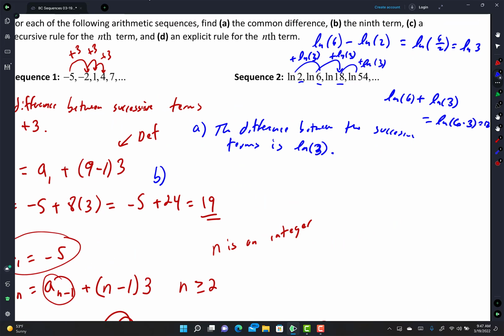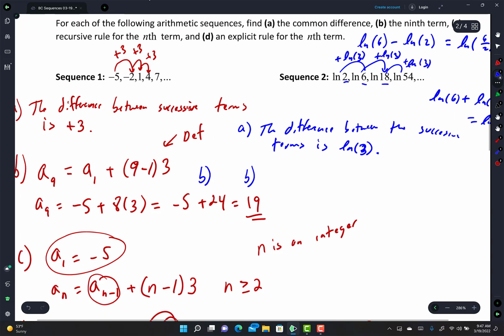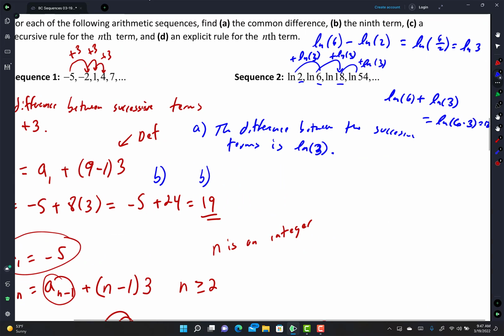Okay, so we state the first term because they just want the ninth term. No big deal. So a sub 9 is equal to the very first term plus 8 times ln of 3. Does everyone know how I got those? Perfect. a sub 1 was ln of 2.